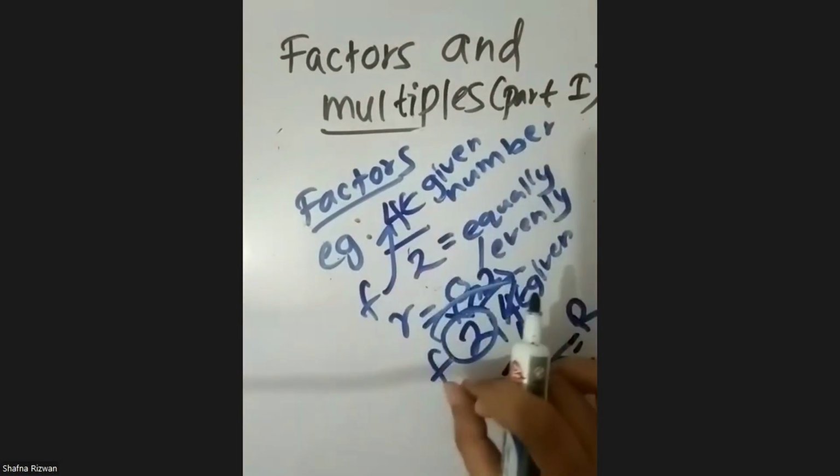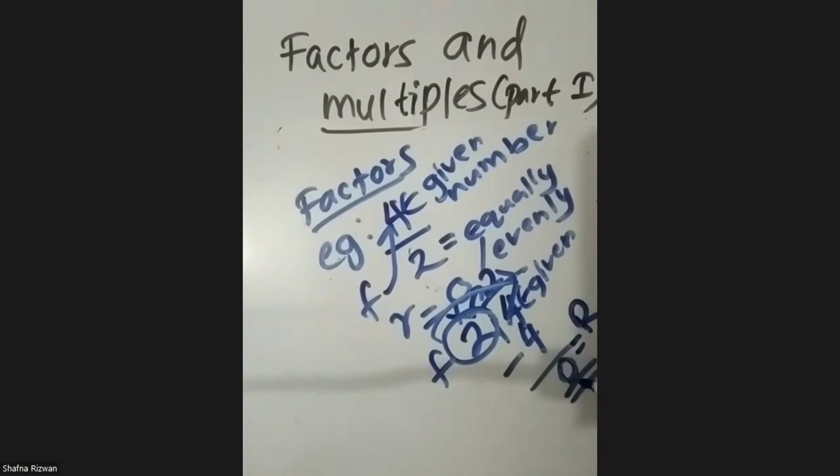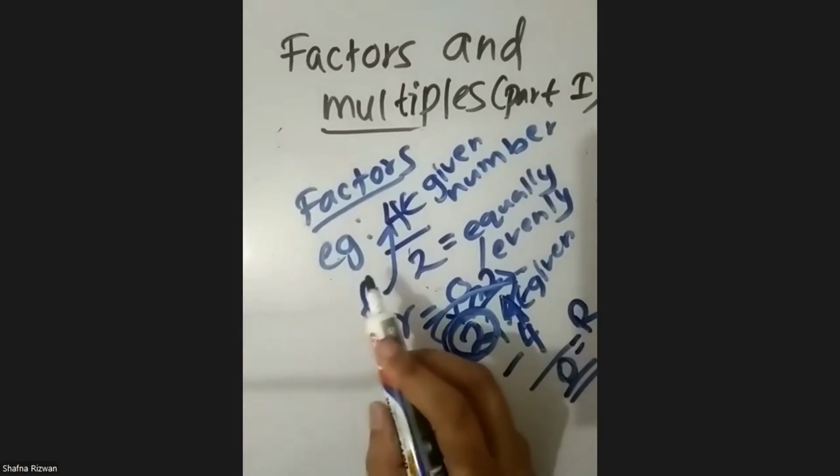If you divide a number evenly or equally by any number, and your remainder becomes 0, then the number by which you divided will become a factor of your given number. That means 2 is a factor of 4.